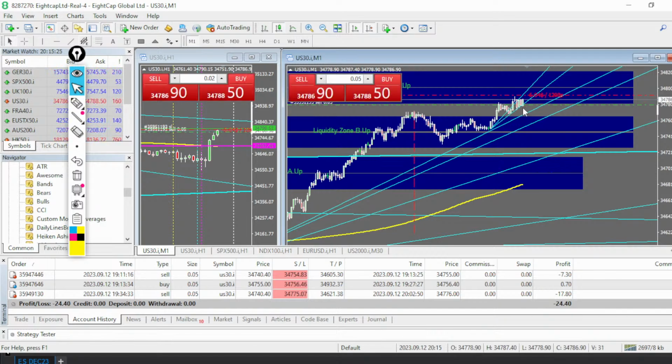So it barely closed, opened outside, did not even get much of a pullback. Might have entered this one a little too early.